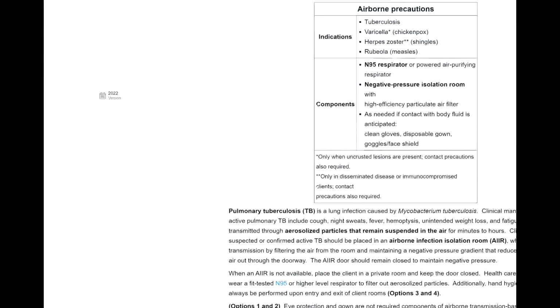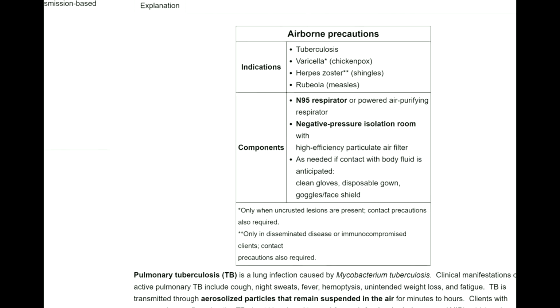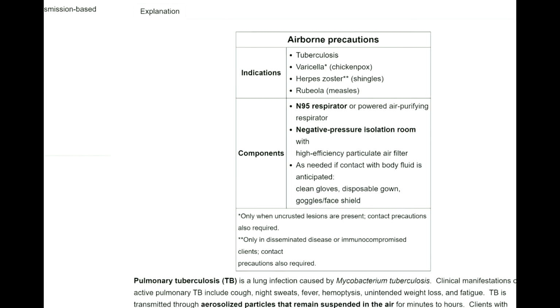So first we have our lovely table. So I want you to notice here on our table, we've got some asterisks next to varicella and herpes zoster. And these are important to note because the state of the lesions that your client is experiencing would change your precautions that you're implementing. But with tuberculosis, it does not change.